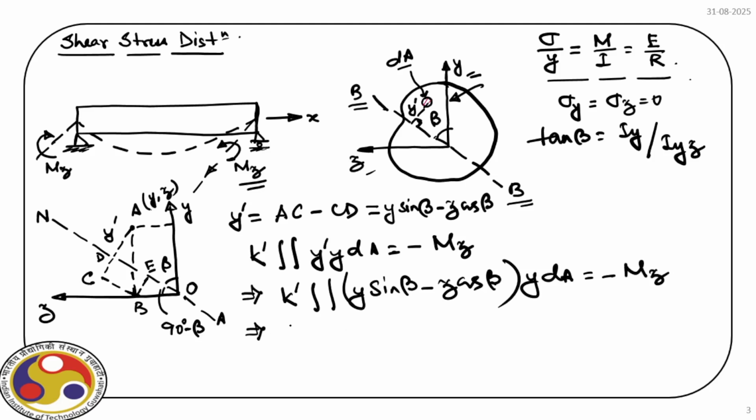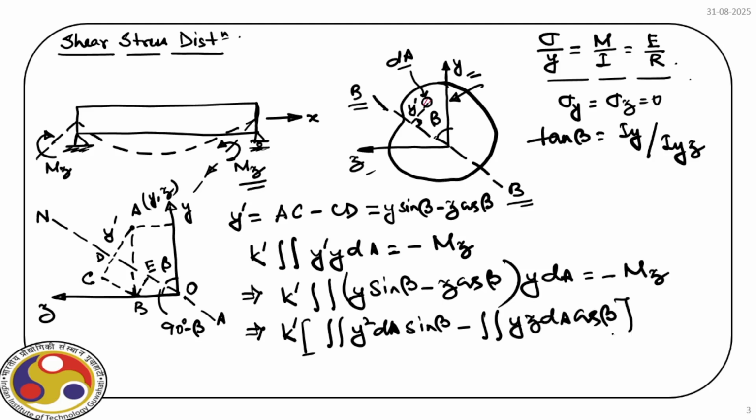Now again we can open the bracket, so we have k prime then double integral y square dA sine of beta minus double integral yz dA cos of beta is equal to minus Mz.